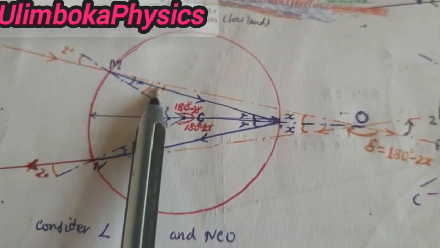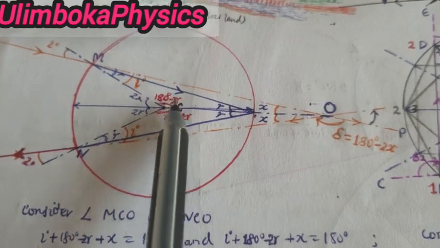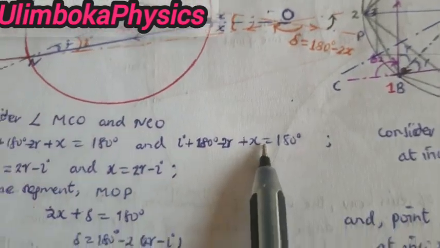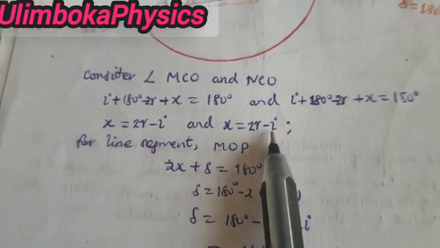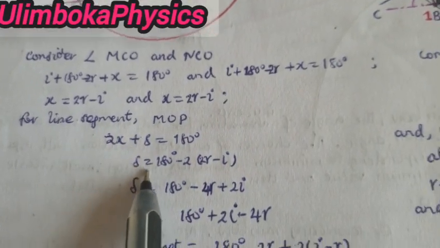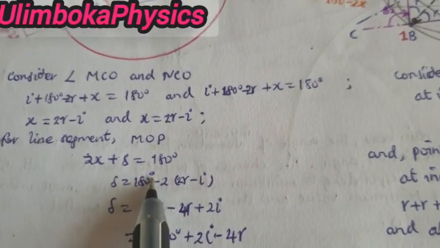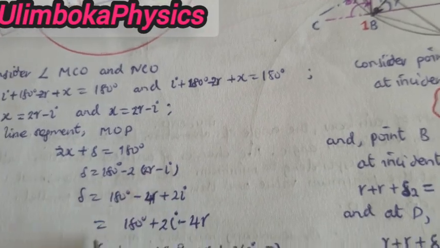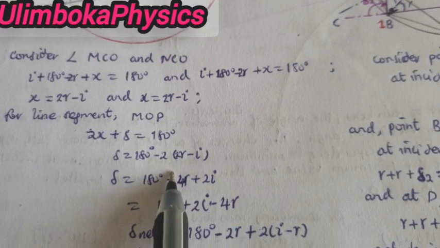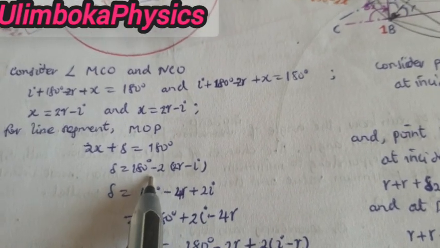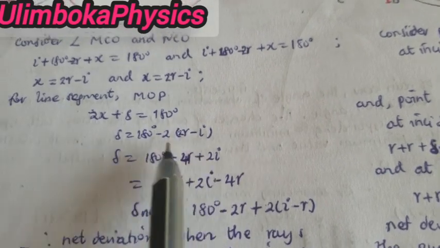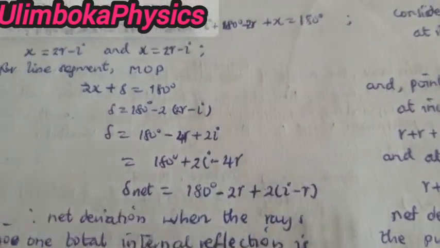Remember, this is the incidence angle, this is 180 degrees minus twice r, and this is x, and the other triangle gives the same result. For the line segment MOP, our formula is deviation equal to 180 degrees minus twice x. We substitute x, multiply through by 2, and negative times negative gives plus 2i.